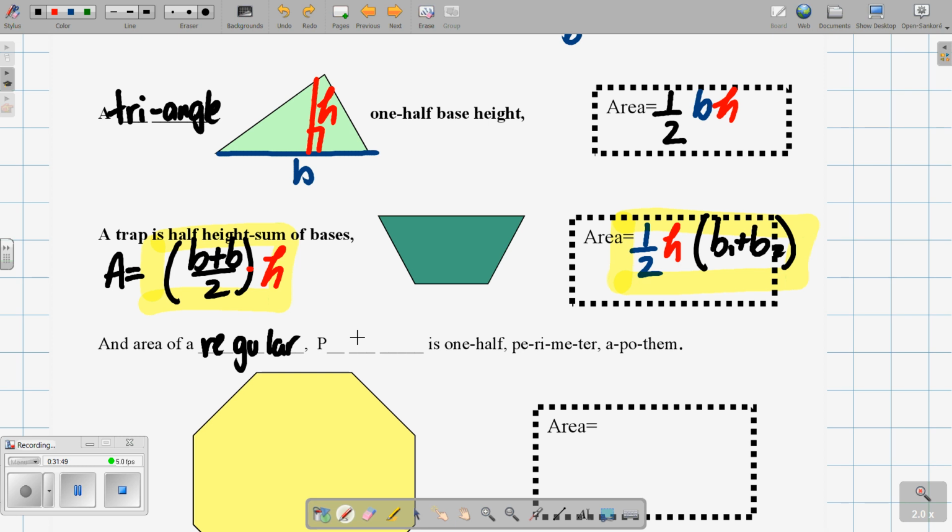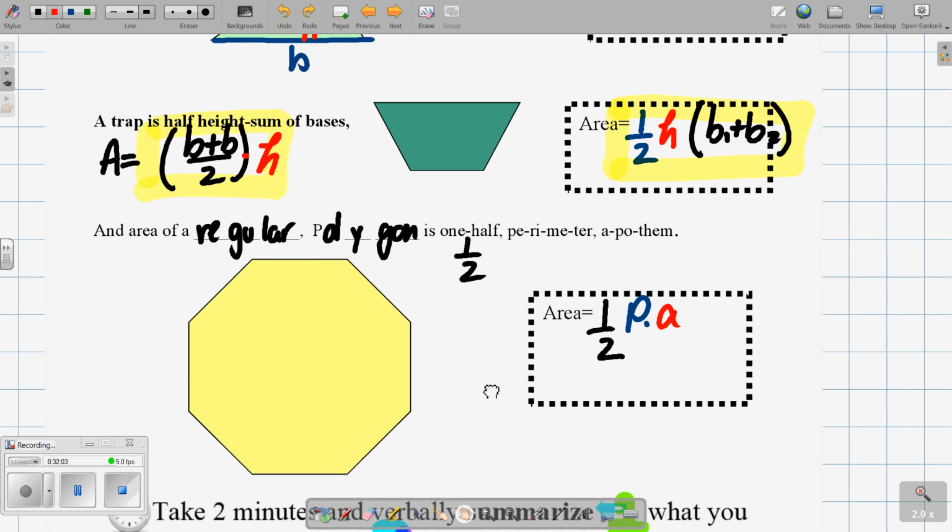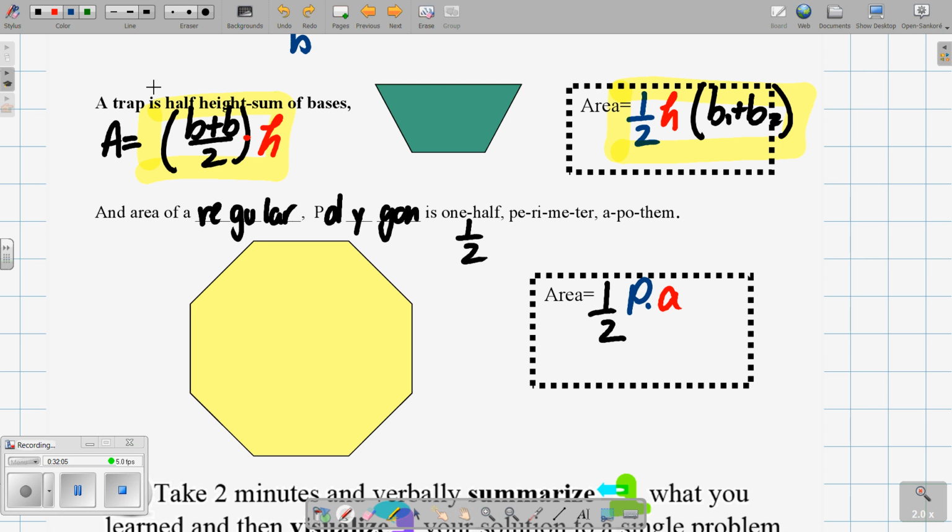Regular polygon, 1/2 perimeter times apothem.